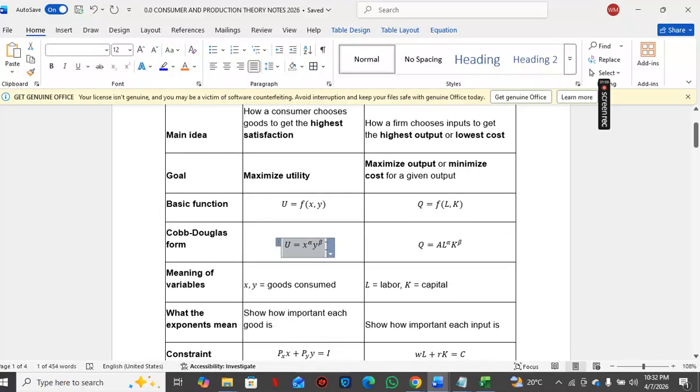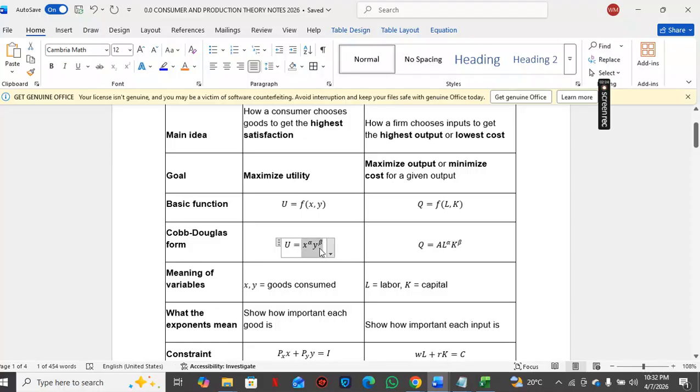In the Cobb-Douglas form, the utility function is usually written like this: U equals x to the power of a certain number, times y to the power of a certain number. With Q, in production theory, you're going to see L and K. L is for labor, K is for capital.